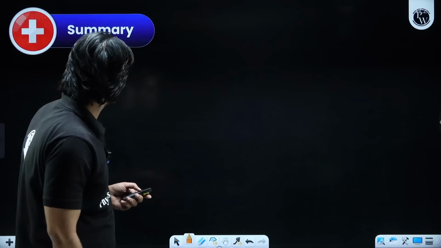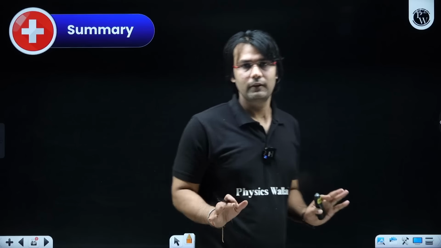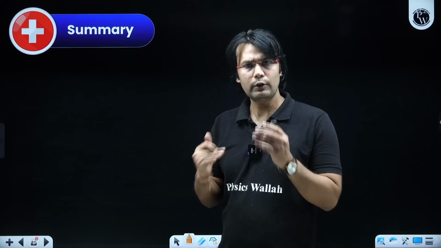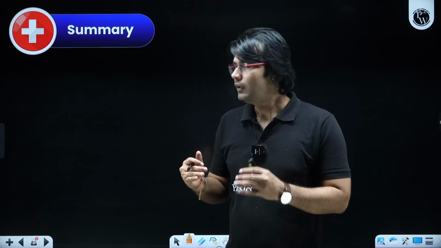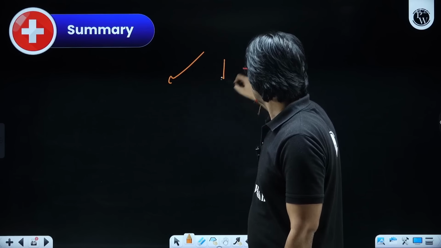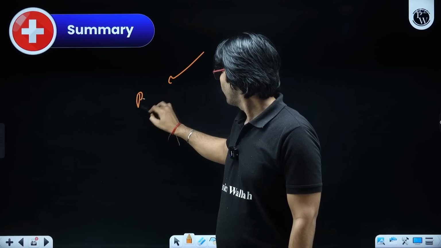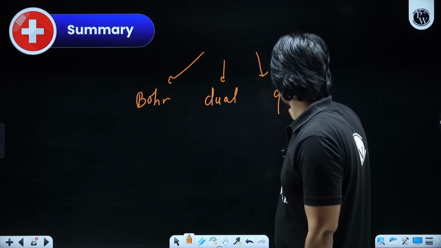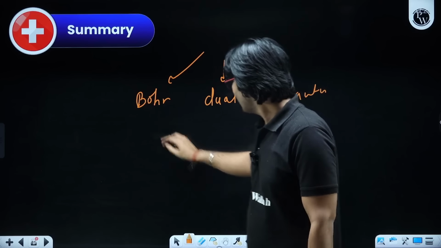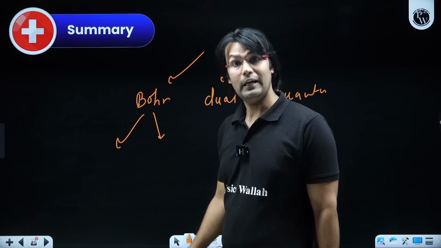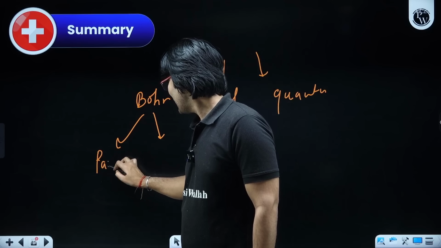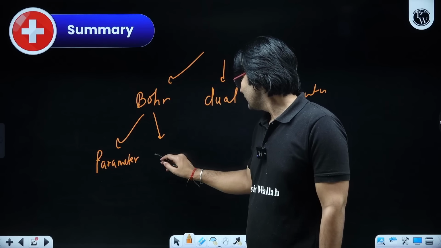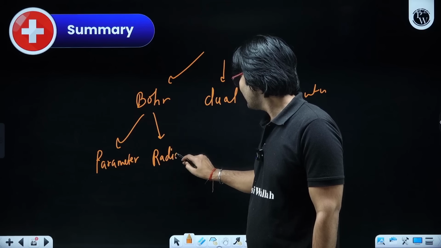So now I hope that in this chapter you can classify the whole chapter into 3 parts when you do revision after this session: one part Bohr model, one part dual nature, and one part quantum model. The Bohr model you can further classify into parameters of atom, electron, orbital, orbit, and the second part will be radiation, spectral line, Rydberg equation.